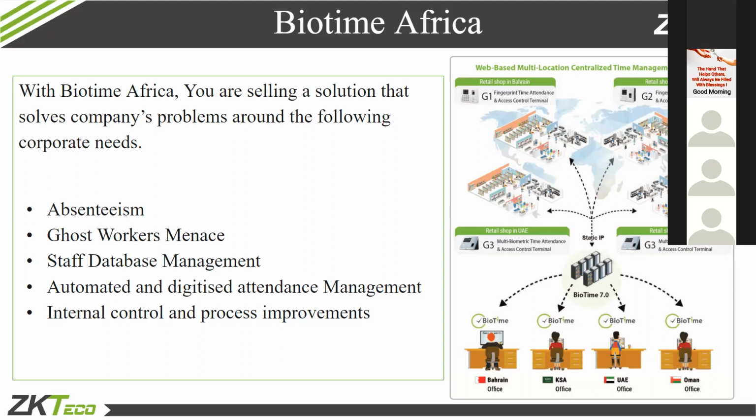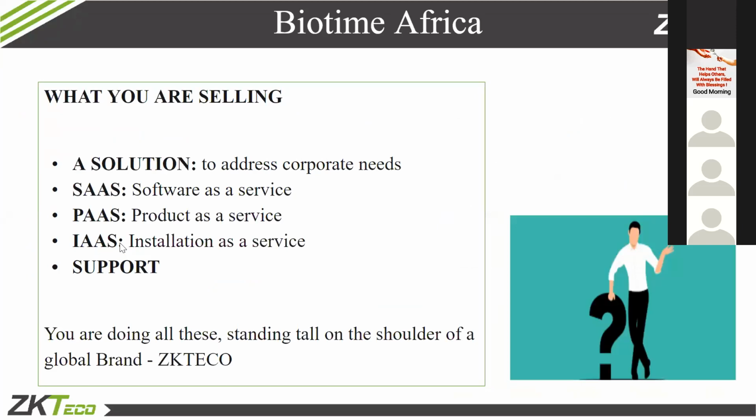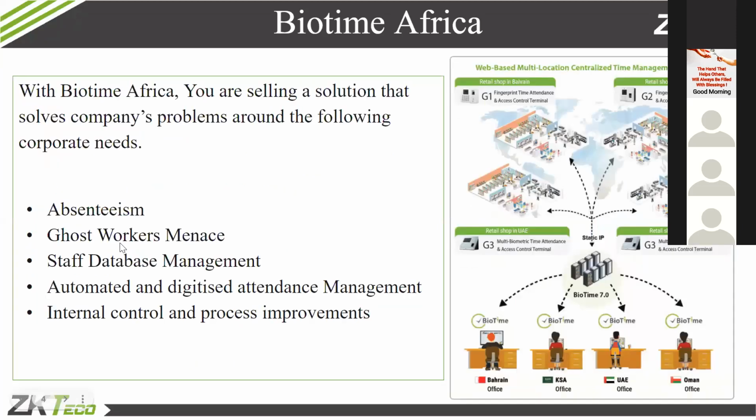That is the product. Right now, there are challenges of ghost workers, especially in government circles, where they are paying salary to those who are not actually meant to earn salary. They are not at work. Probably they are dead, or they are working in one state and earning money in another. This is the ghost worker menace.